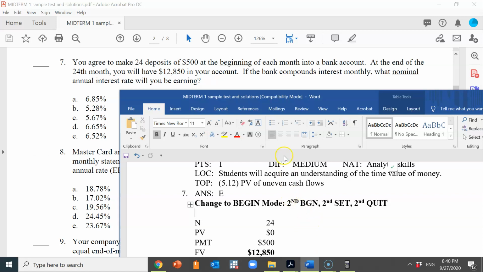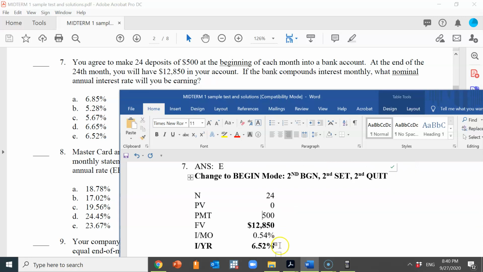Okay, and then here you need to input N as 24, PV as 0, because you're not depositing anything today besides the payment 500 from the beginning of each month from today. So we input PV as 0, payment as 500, and we also input future value as 12,850.